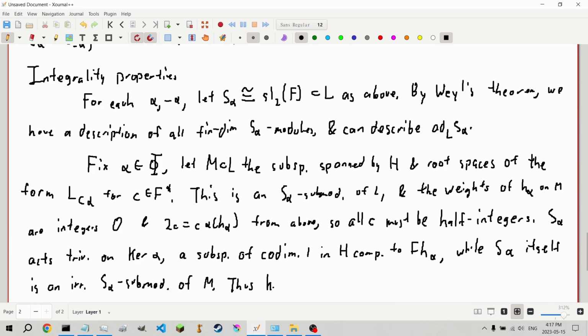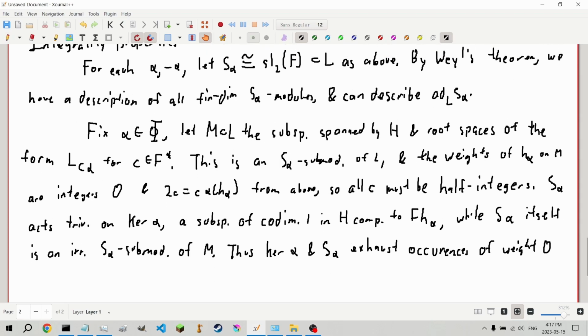Thus, the kernel of alpha and S alpha exhaust the occurrences of weight 0 for H alpha.